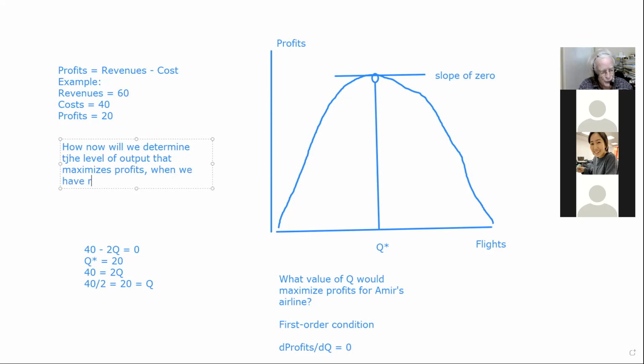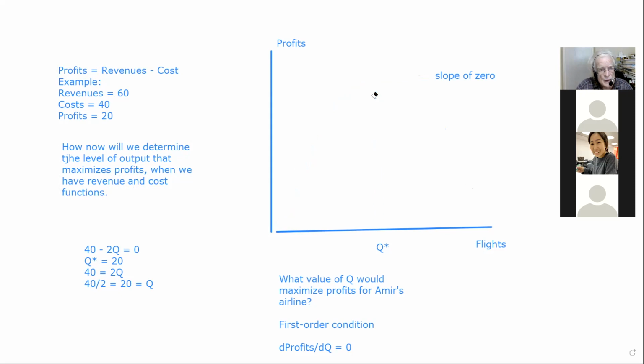But when we have revenue and cost functions, well, let's see. Let's begin with an intuitive approach.